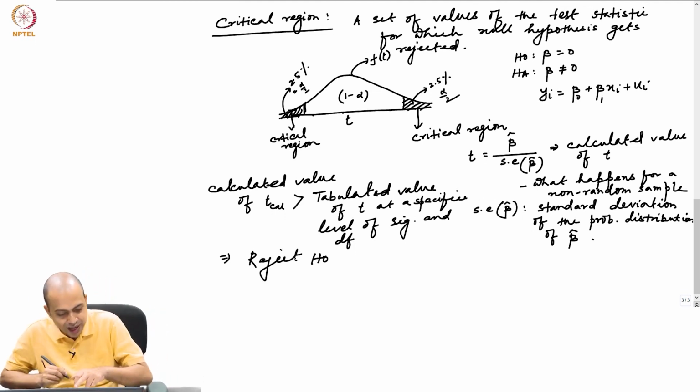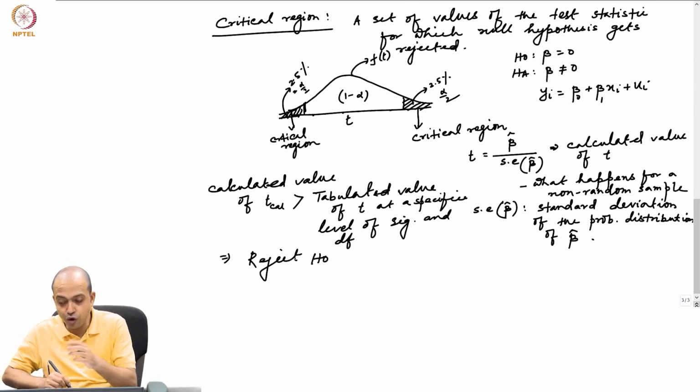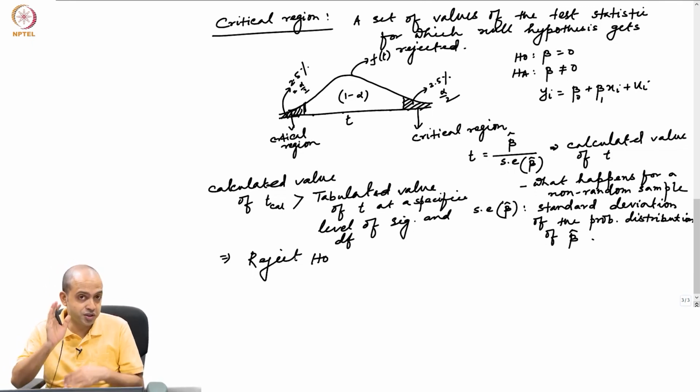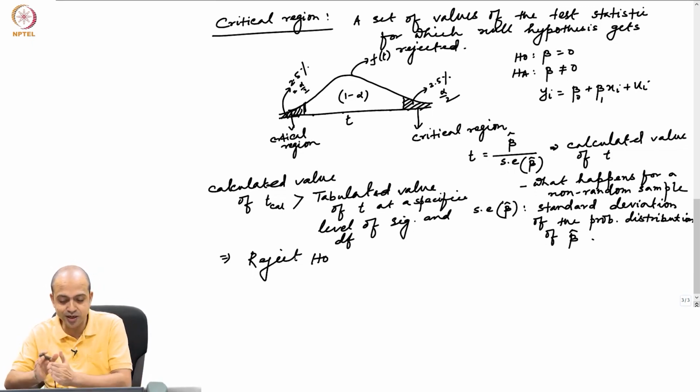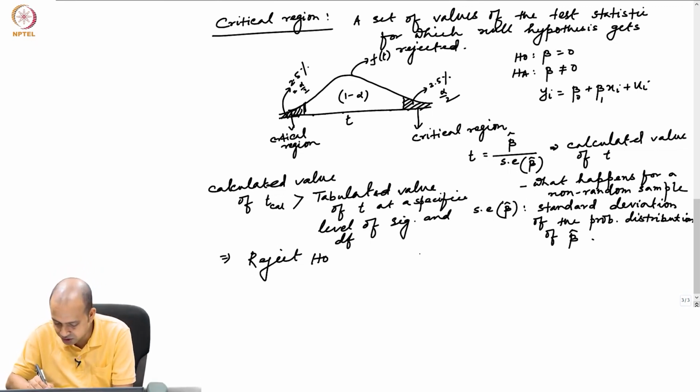Now, this calculated value can be either positive or negative depending on the sign of your beta hat, but our decision making rule is always the same: the calculated value of t is compared with the tabulated value of t at a specific level of significance and degrees of freedom. That is why I will say that the modulus of t is greater than the tabulated t.